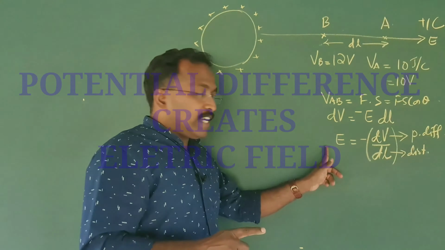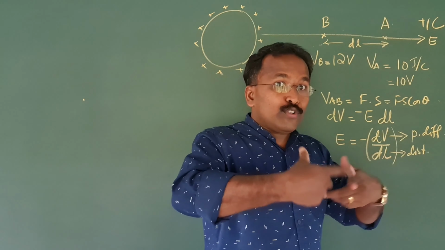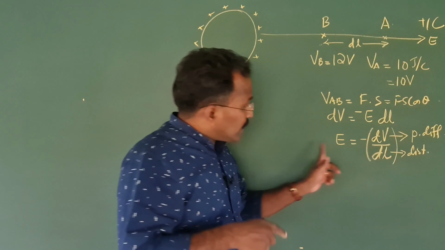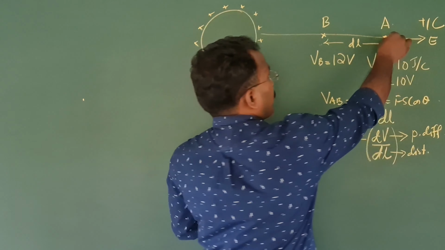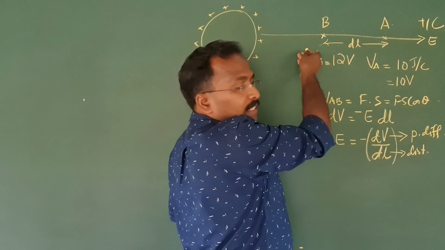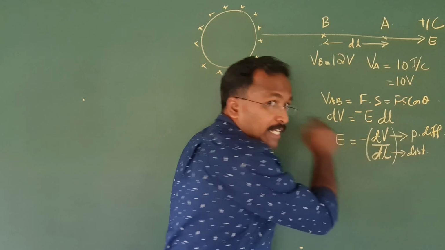You know, when electric field is there, charge flow will be there. Charges will experience force and there will be charge flow. That is, potential difference creates electric field. And now you understand this also, the negative sign. Say this, from A to B if you are moving, potential is increasing. Electric field is in the opposite direction. Correct? That idea is explained in this negative sign.